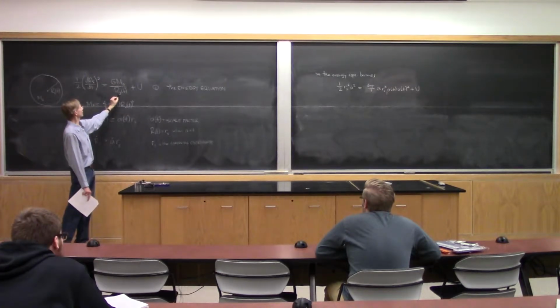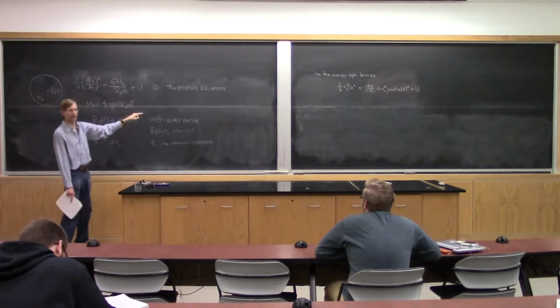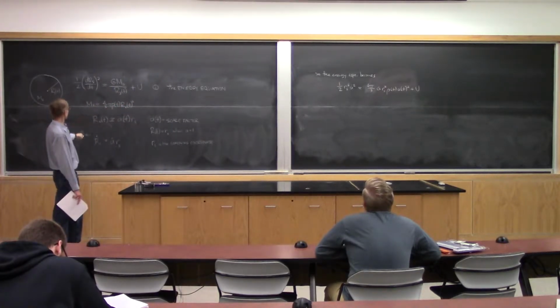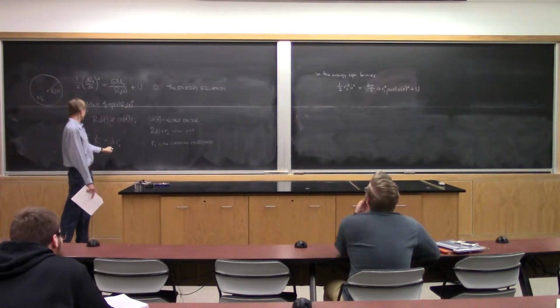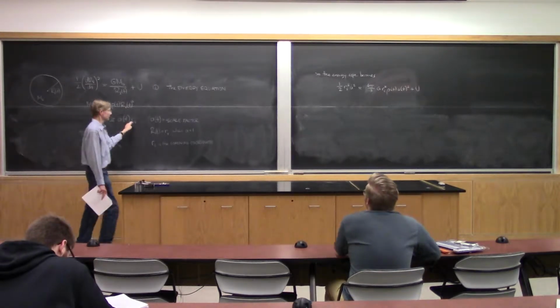When we divide by R sub s, that just leaves r sub s squared. And so then we put in that R sub s squared is a squared little r sub s squared.